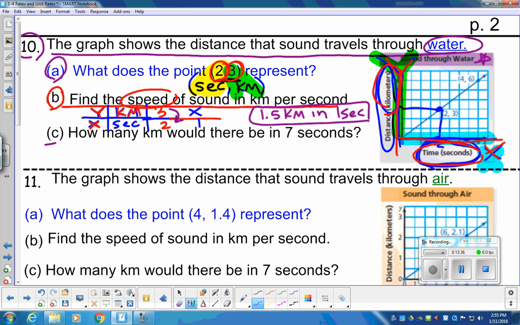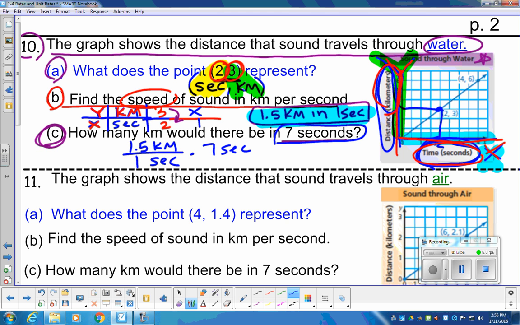In question C, it's asking how many kilometers we will be in 7 seconds. So I'm going to take the speed I just solved, 1.5 kilometers in 1 second. We want to know how much that would be in 7 seconds, so I'm going to multiply it by 7 seconds. 1.5 kilometers in 1 second multiplied by 7 seconds gives me 10.5 kilometers in 7 seconds.